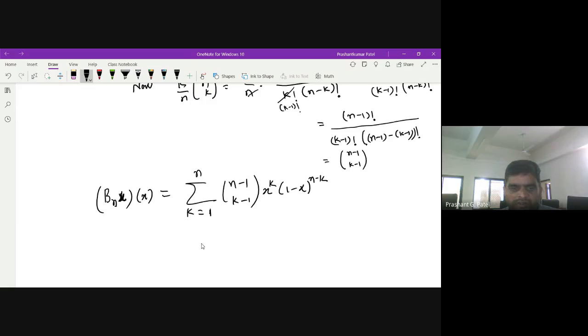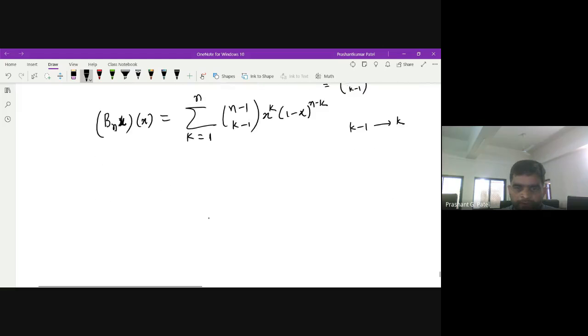Now to adjust this, we'll replace k minus 1 by k. So let k minus 1 be equal to j. If I replace this, instead of k running from 1, now j will start with 0, and n will become n minus 1.